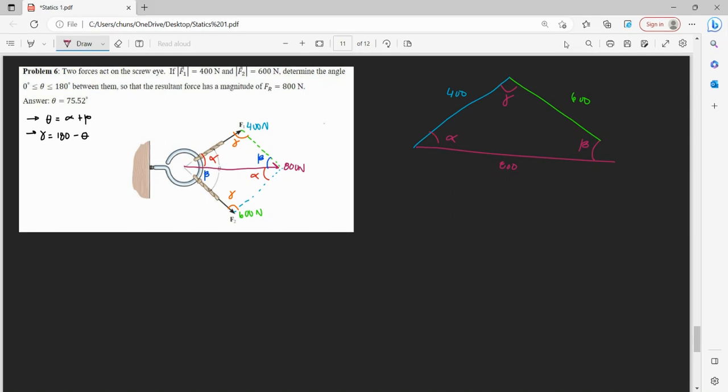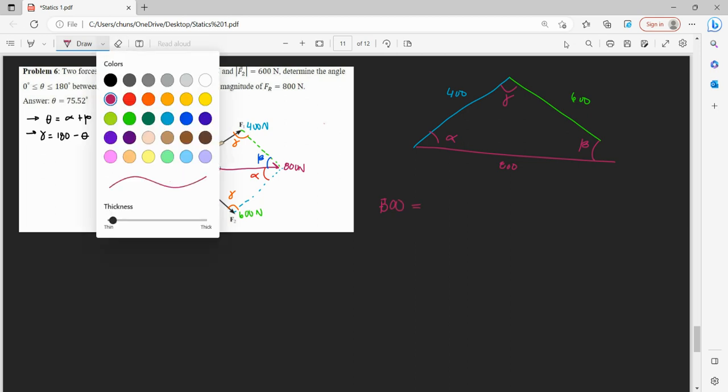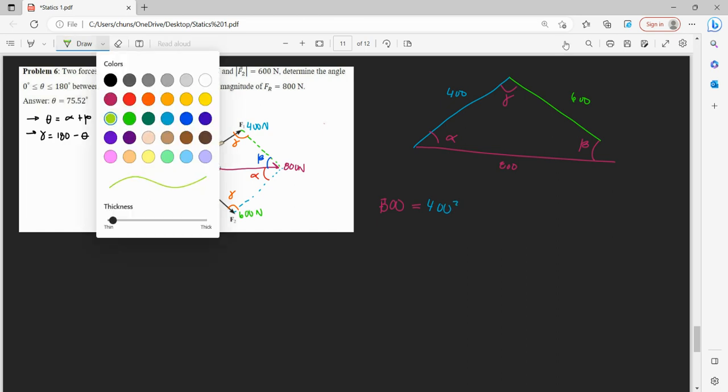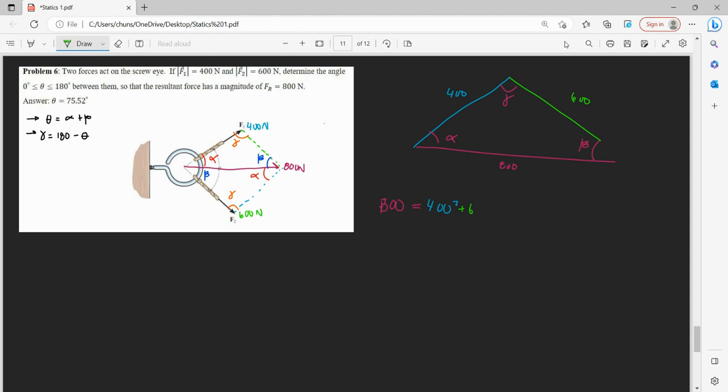So using our cosine law, that's length 800 squared equals 400 squared plus 600 squared minus 2 times 400 times 600 times cos gamma.